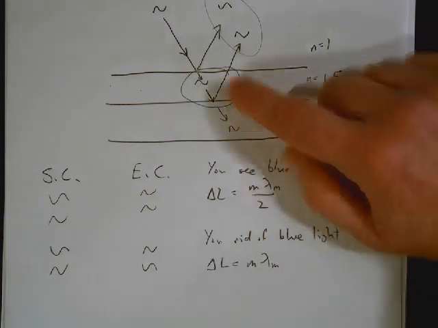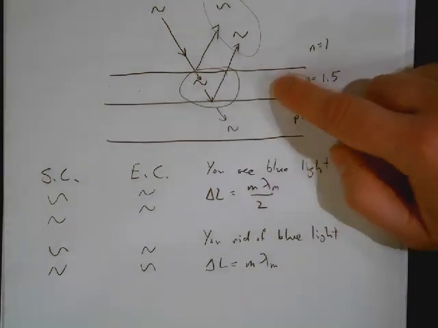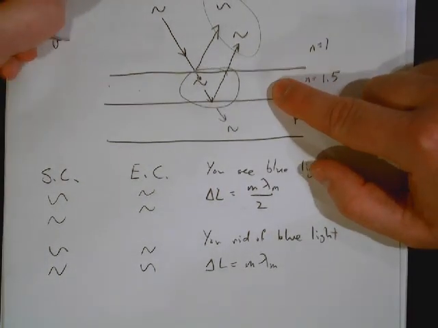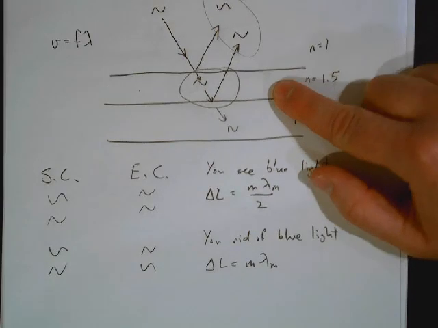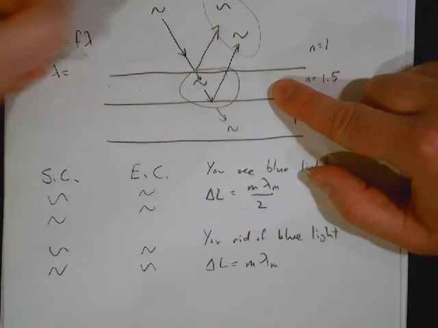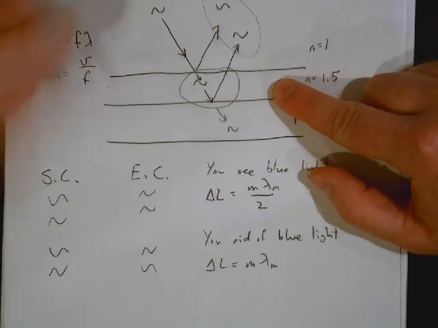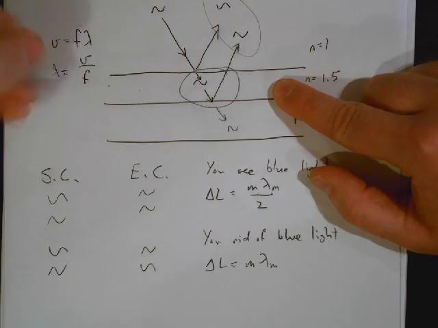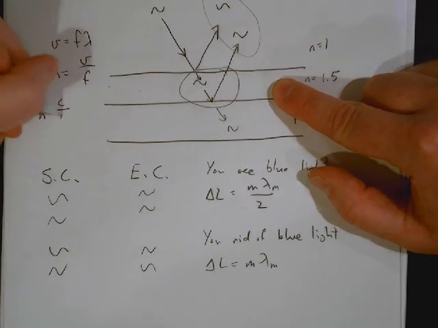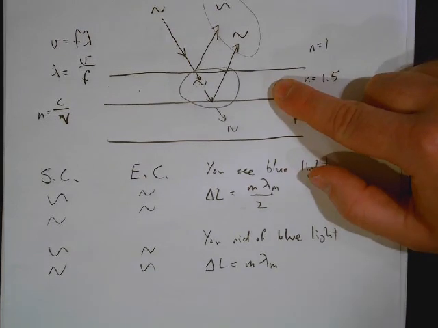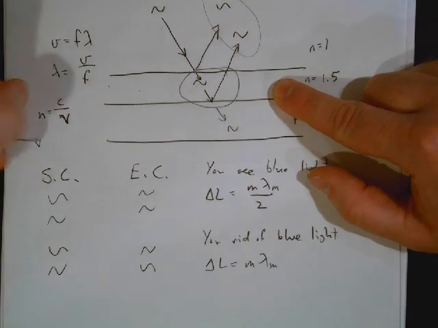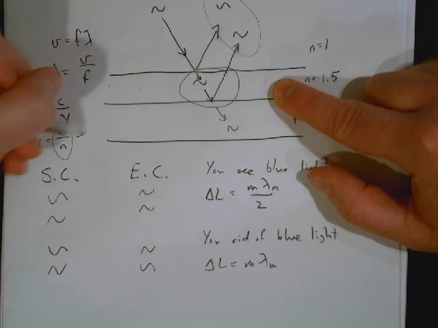How do you find the wavelength in the medium? I'll put a little m here. Just remember, it's the wavelength that's occurring in that medium. If you wanted to solve for that, you think, well, I know this equation: n equals c over v.